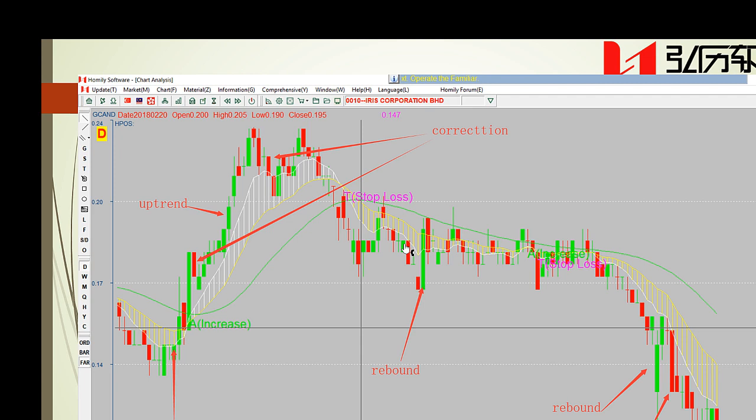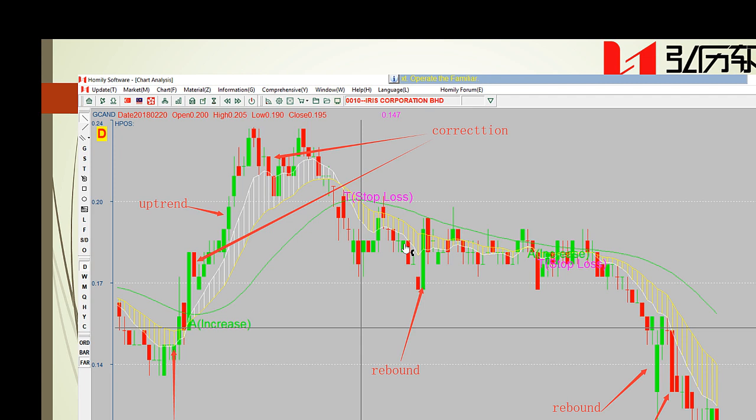So if we want to trade this counter, we should know here the yellow line will be a resistance, and then the green line will be a resistance also. So we should know there is resistance here.